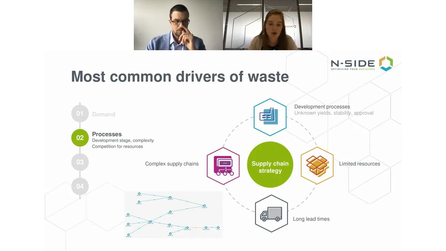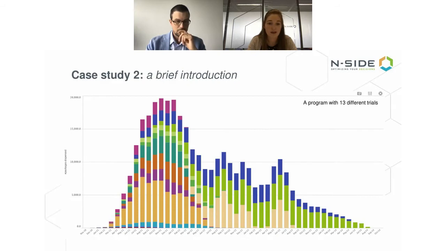So we wanted to show you a very quick case study, and here's the introduction. The graph on your screen is the forecasted demand for a program with 13 different trials, each represented by a different color. What's really interesting is that the demand is not linear.